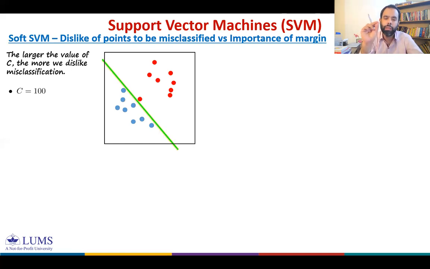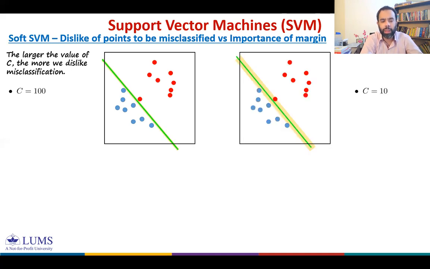The margin is very, very small. If I keep C equal to 10, the same data, so I have allowed this point to be not misclassified, but it's inside, it's violating the boundary, right? So relatively, the classification margin has increased.